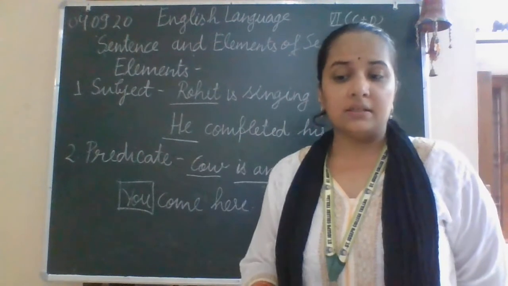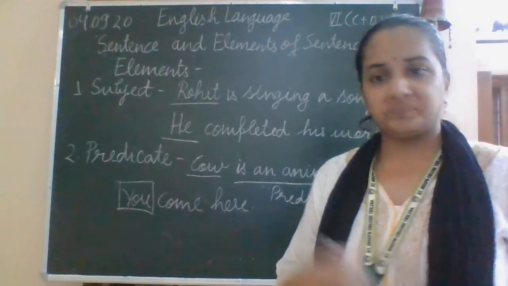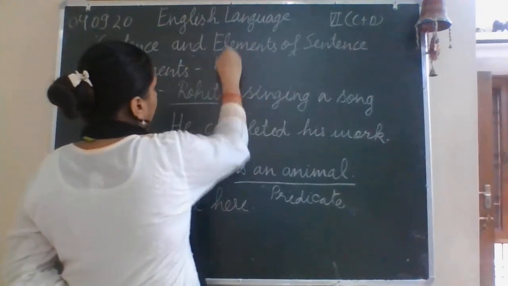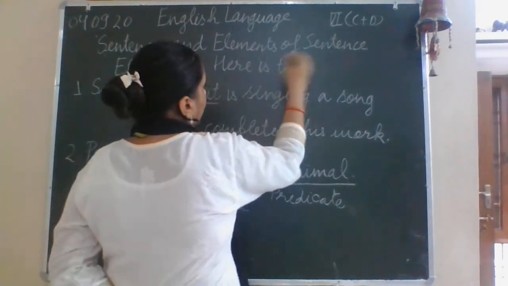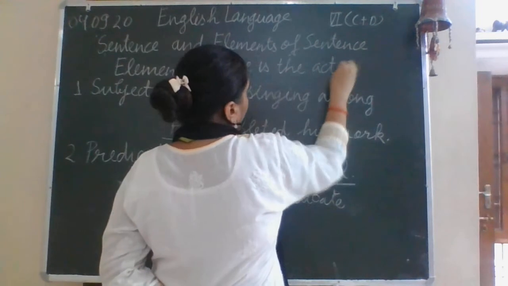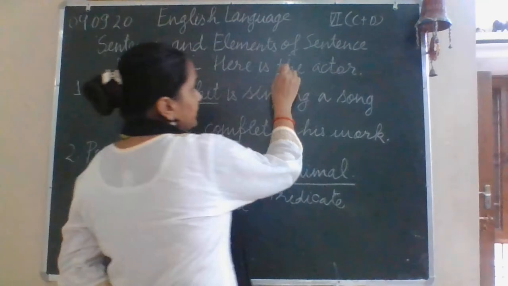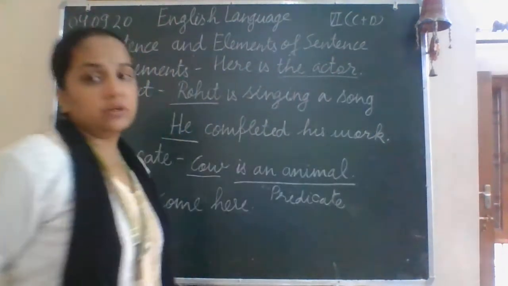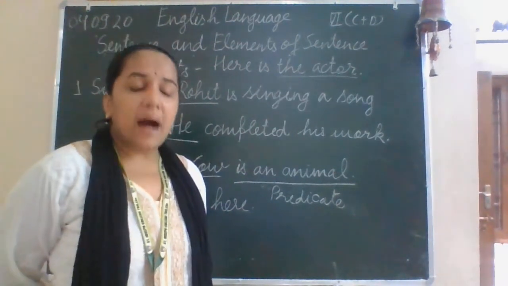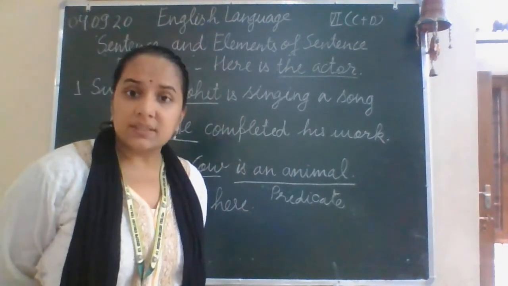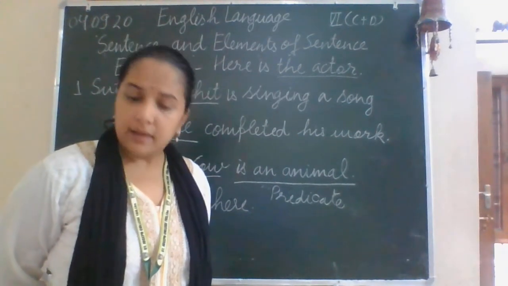But in some sentences, the subject is put after the predicate. For example, here is the actor. So here the subject of the sentence is the actor. About whom are we talking? What is a subject? The part of a sentence which names the person or thing that we talk about is the subject.